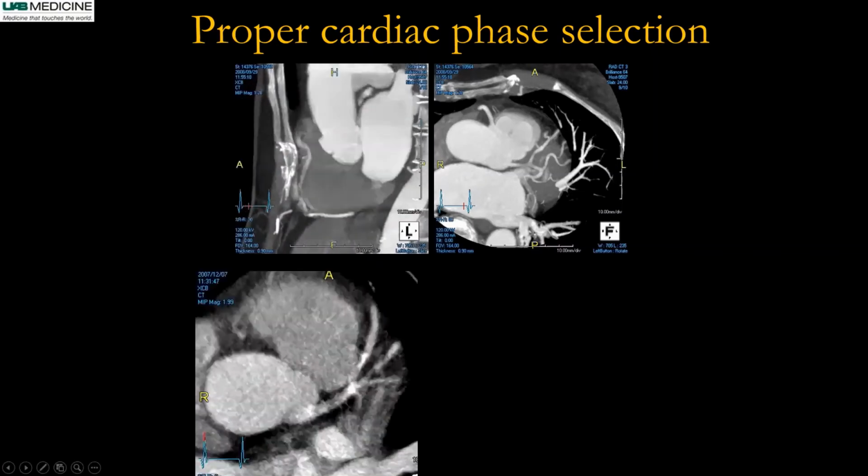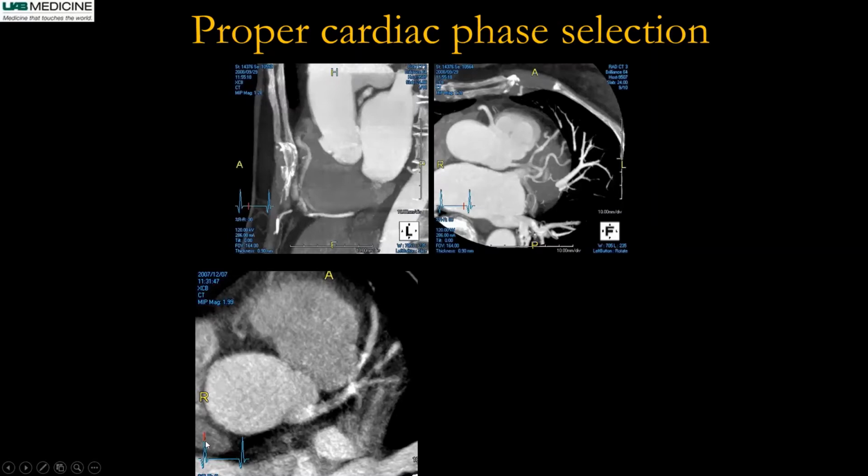Now, when you evaluate these kinds of studies, it's very important to look at different phases, what phase you are looking at. For example, if you look at this phase, it is very blurry. The noise level is very high. And this is the left main coronary artery. It looks like there is almost occlusion of the mid portion of the left main, and even the LAD and the diagonal branches are not well seen.